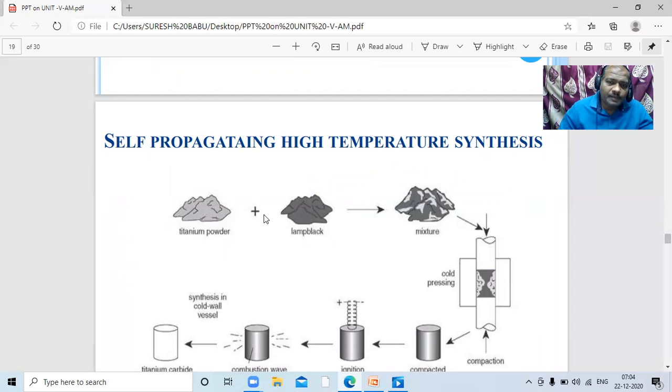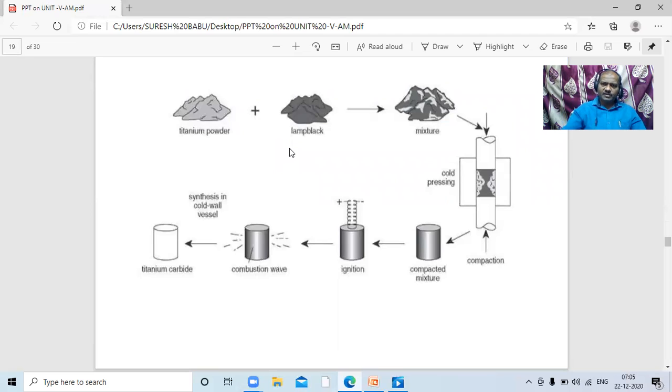For that purpose, we have taken one workpiece and another supporting material called lamp black. Titanium powder is mixed with the lamp black. By mixing this titanium powder with the lamp black, this is the mixture which we are going to prepare.